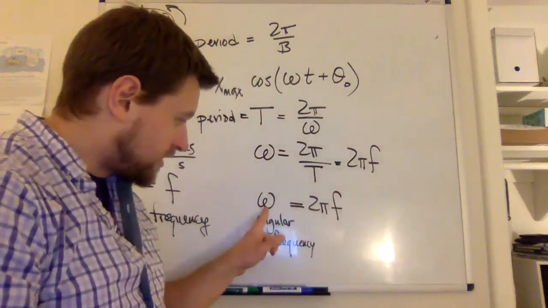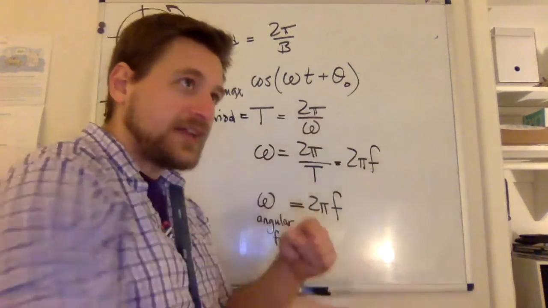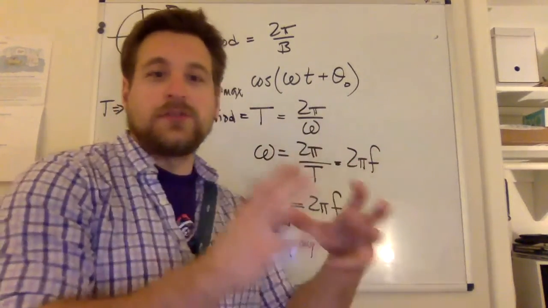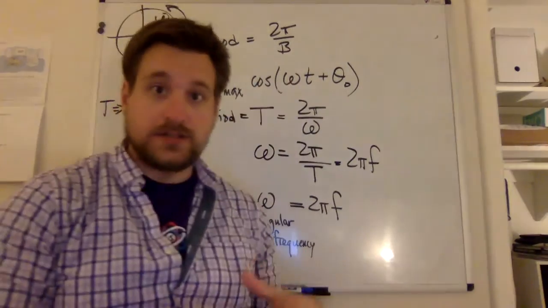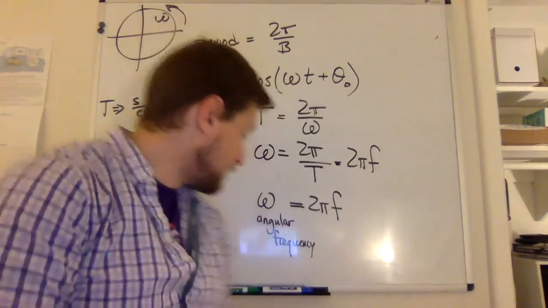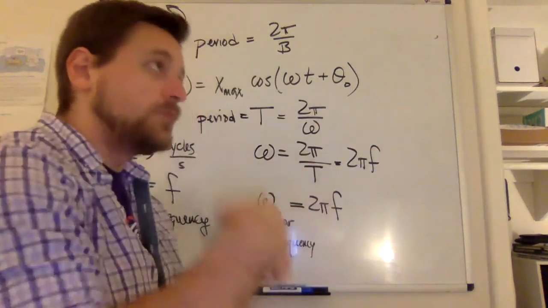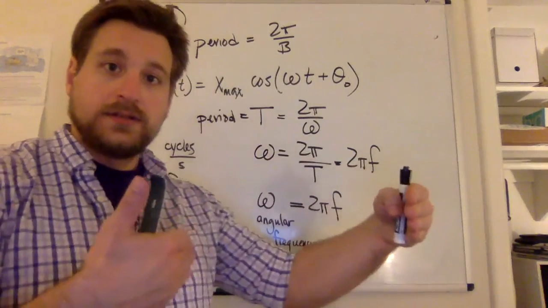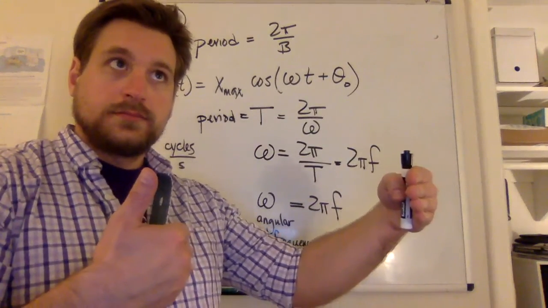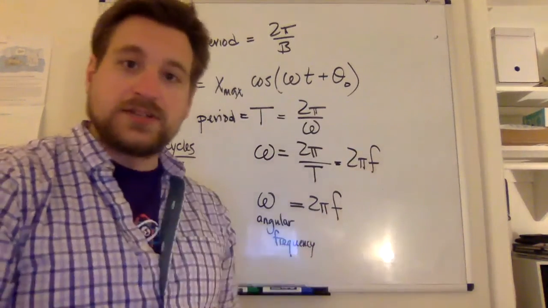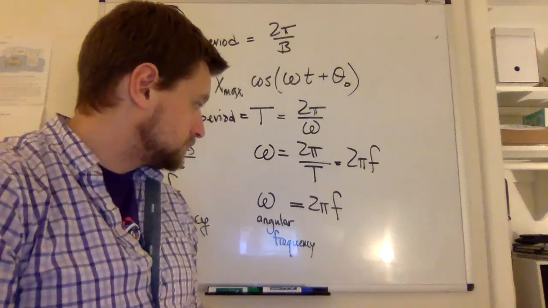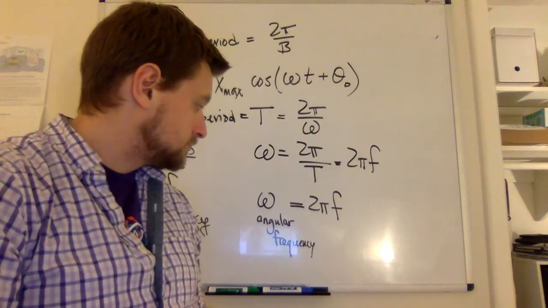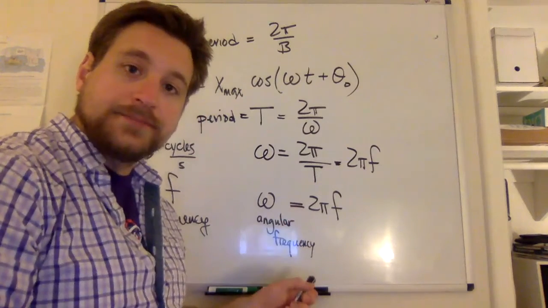So we're talking about how fast the argument of our function changes. The angular frequency: how many radians does it take for each cycle, and how many of those do we get per second?